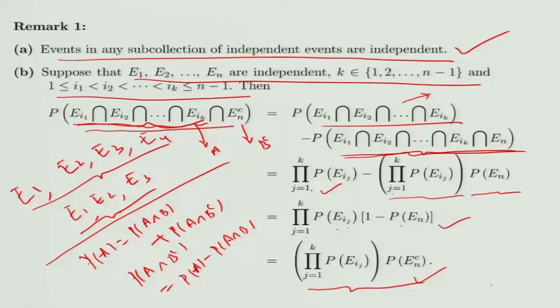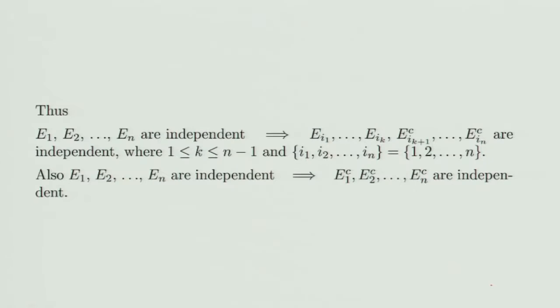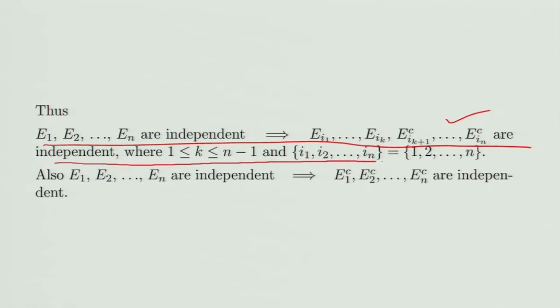So this observation suggests that if you have a collection of independent events, you can make any number of them their complements, and the resulting set would still be a collection of independent events. So that is what it says. If E1, E2, En are independent, you make some of them complements, then that collection itself is a collection of independent events. In particular, I can make all of them complements also. That collection is also a collection of independent events.